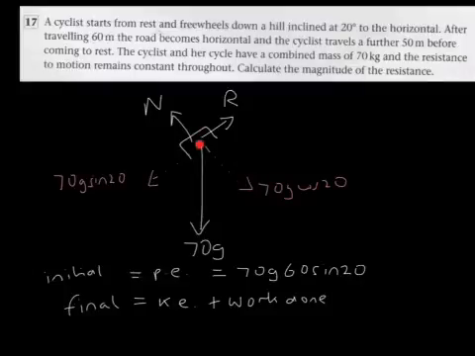We know the distance is 60, so 60 sine 20 is the height. So the potential energy is mgh. And then the kinetic energy is obviously a half mv squared, and we don't know what v is. And the work done is the force multiplied by the distance.